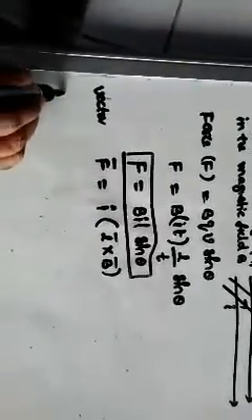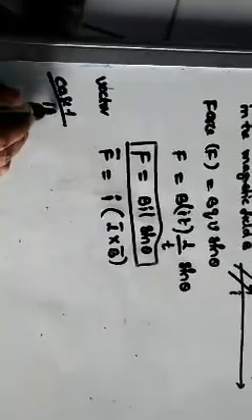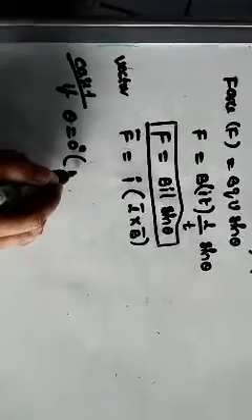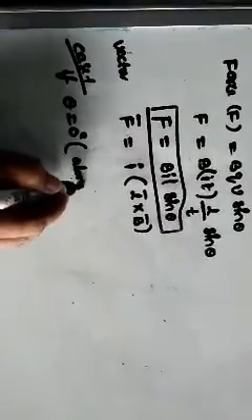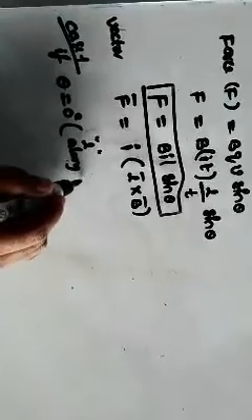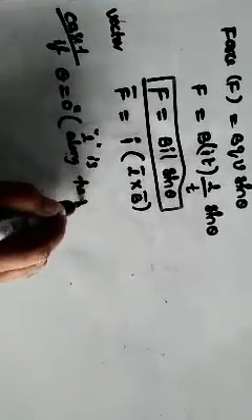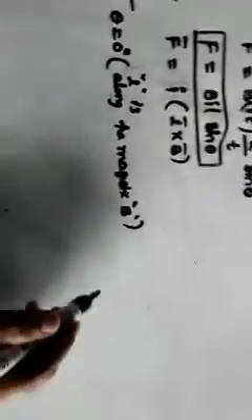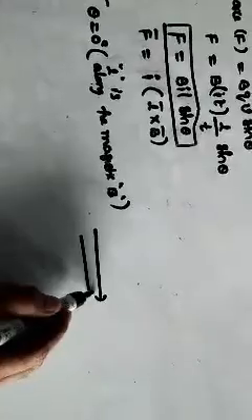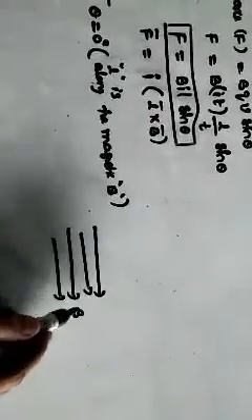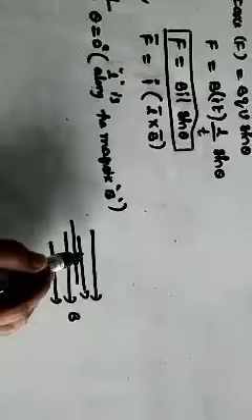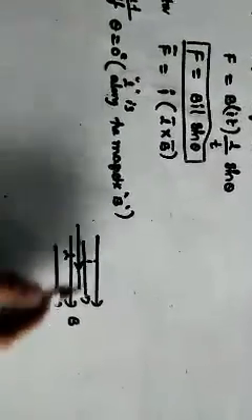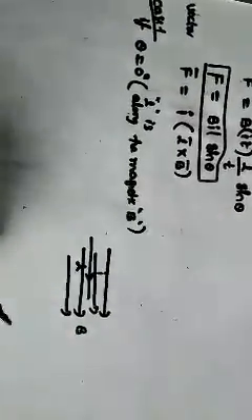Here some cases are there. Case 1: if theta is equal to 0 degree. Theta equal to 0 degree means the length of the conductor is along the magnetic field of induction B. Diagrammatically, this is the magnetic field B, and the current carrying conductor is kept parallel to it, so L and B are in the same direction.